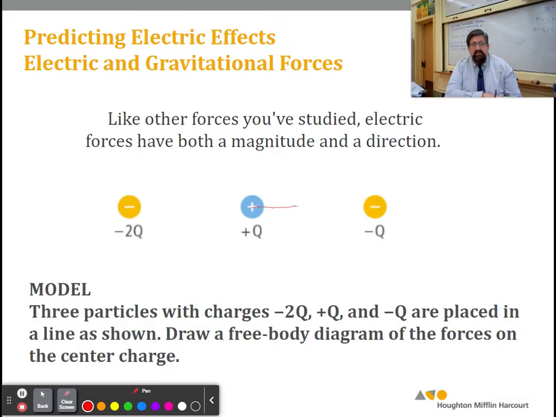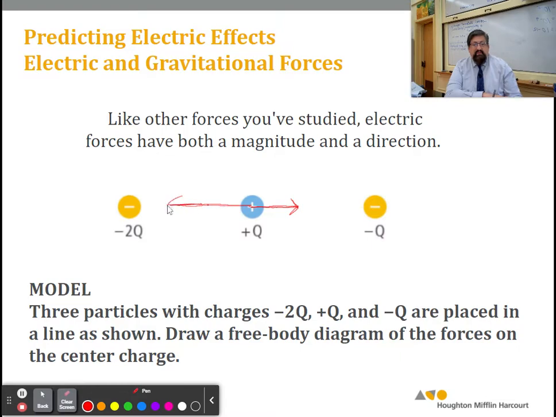Okay, so the middle charge is attracted to the charge on the right because we have a positive and a negative charge. And the middle charge is also attracted to the charge on the left, but it's attracted with twice as much force, so twice the magnitude. So we draw a vector that is twice as long.